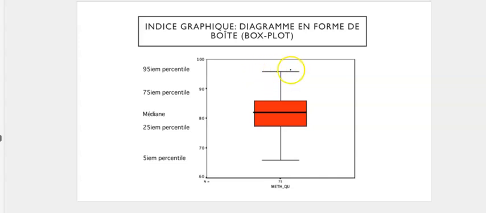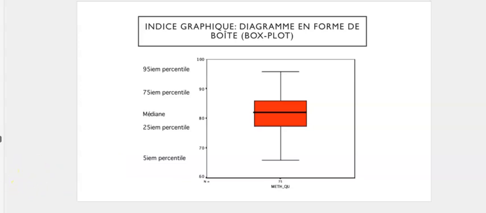So that is the 95th percentile, and this is the 5th percentile. That is the 1.5, the general limit for the maximum scores and the minimum scores.